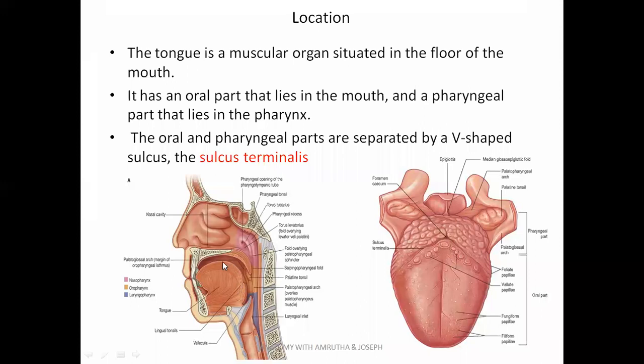The oral and the pharyngeal parts are separated by a V-shaped sulcus called the sulcus terminalis. The sulcus terminalis divides the tongue into two parts, the oral part and the pharyngeal part. And it is a muscular organ which is located in the floor of the mouth.